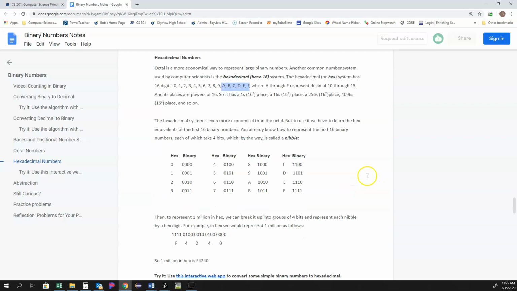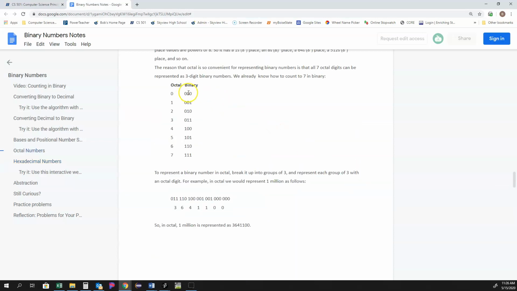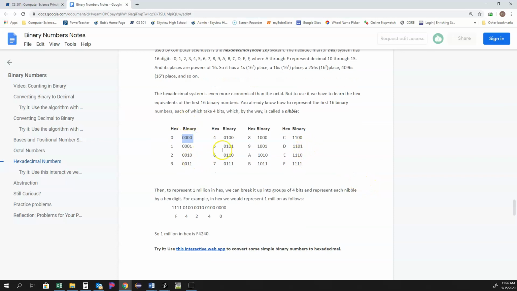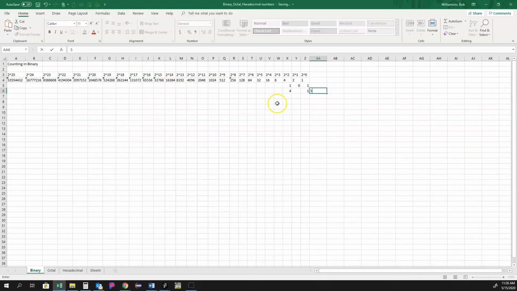You do the same thing as for converting from decimal to octal, only instead of breaking it into chunks of 3, we are going to be breaking them into chunks of 4, and then assigning a hexadecimal value for those. Again, these are binary terms, so if we were to look at number 9, 9 is 1001.